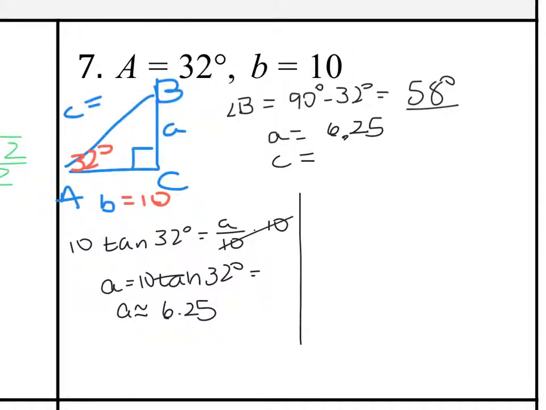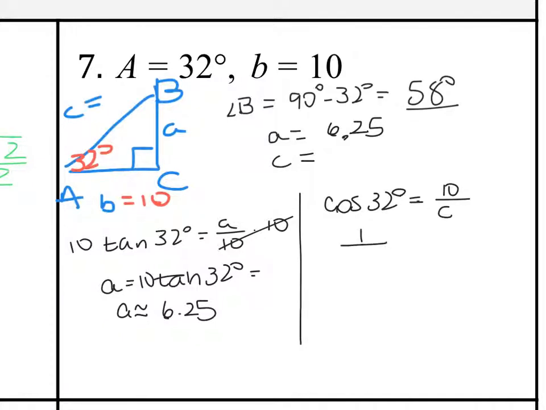So now let's figure out C. That's the hypotenuse. We know adjacent is 10, so let's think about cosine of 32 degrees, and that equals adjacent 10 over C. Now, what I want to do with that is I want the C on top, so let's do the reciprocal.